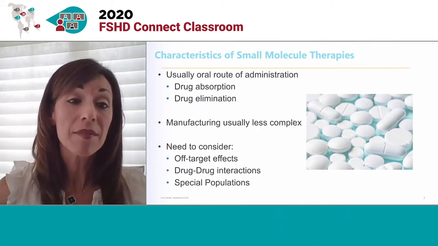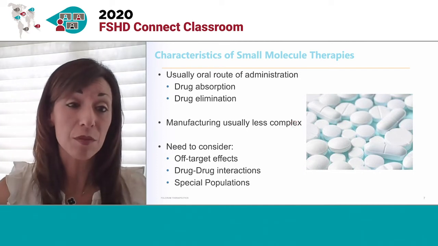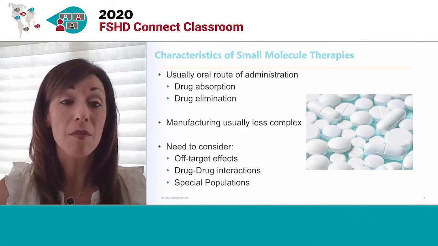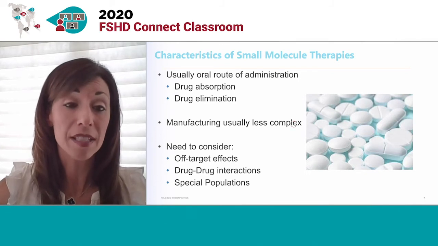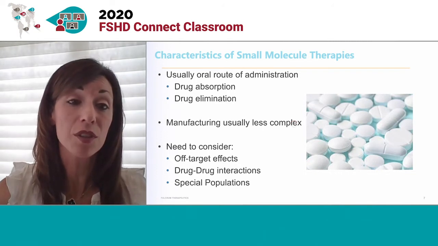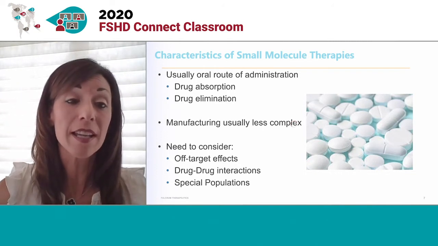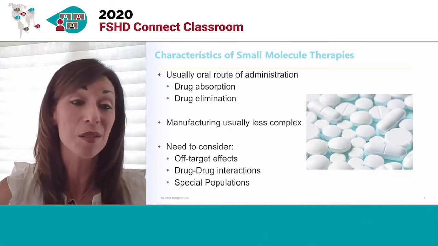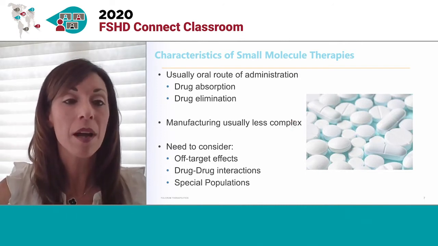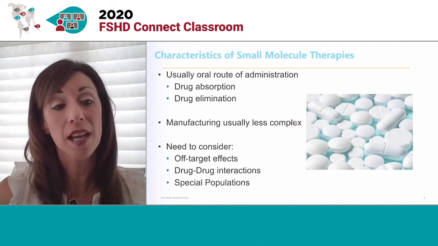And because we have to think about an oral route of administration, we also have to think about how the drug is absorbed and how it is eliminated and how that will affect our effect on the disease process, as well as we need to consider what is called off-target effects. This is the result of the small molecule engaging targets that are not intended to be engaged. And usually when we're talking about off-target effects, they usually manifest themselves as side effects.